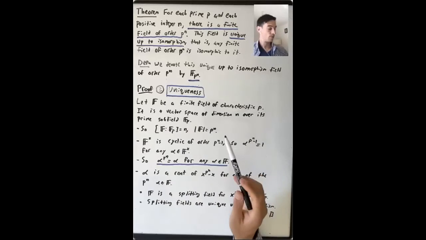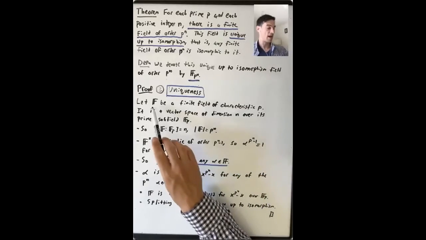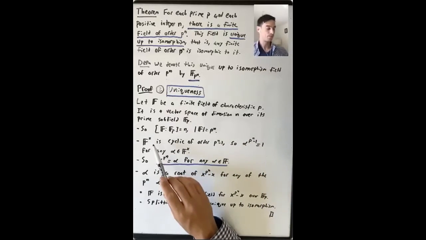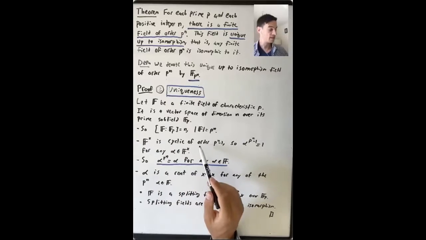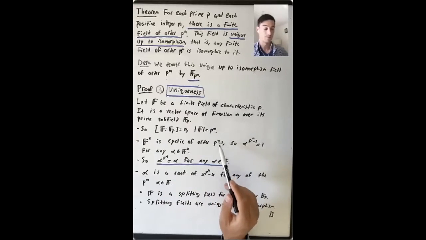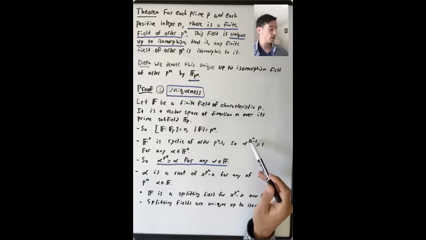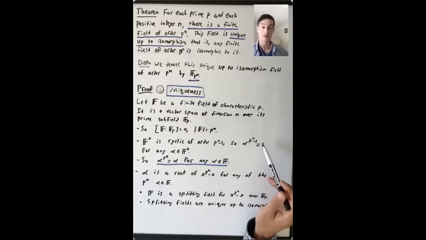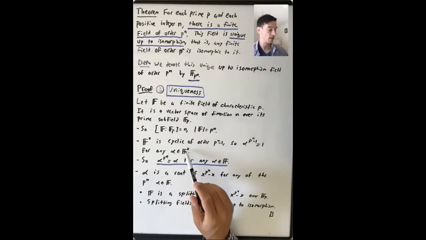All right, so what do we know about this field F? One thing that we know is that the multiplicative group of a finite field is cyclic. So F star is cyclic of order p to the n minus 1. That means that alpha to the p to the n minus 1 equals 1 for any alpha in F star.